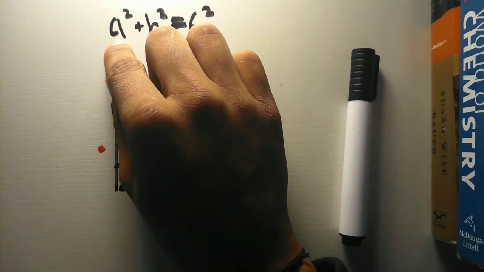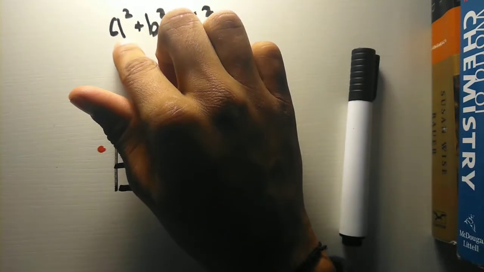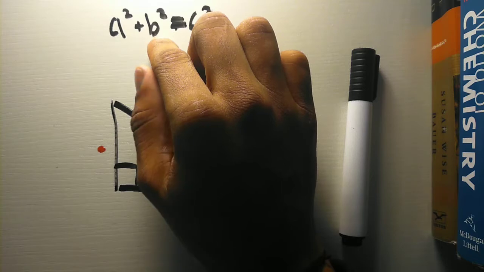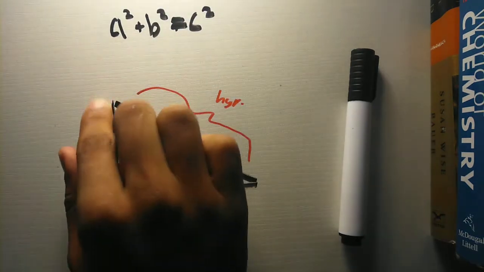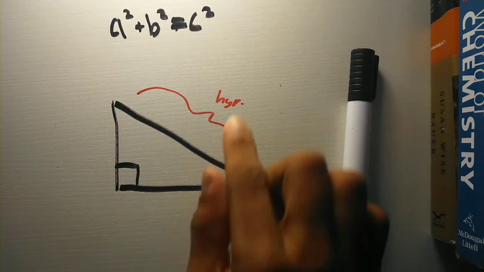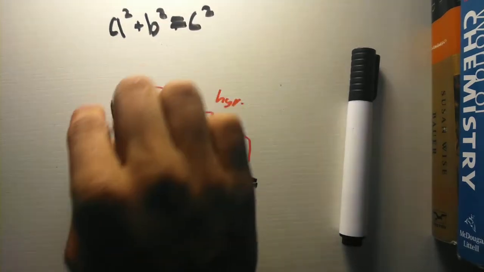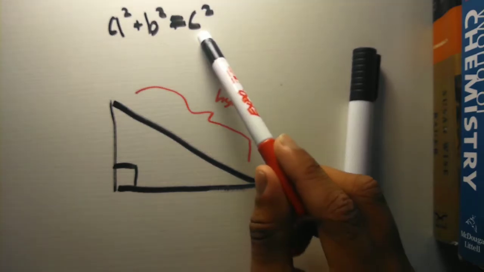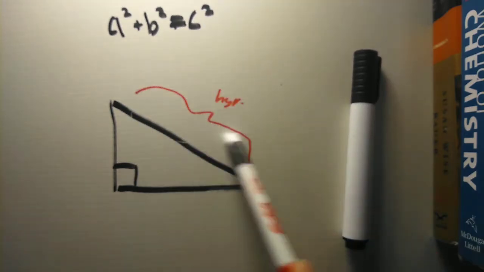We will fill in a and b as our legs, our shorter sides, the ones that are not the hypotenuse. So a and b are these two legs, and then c is our hypotenuse. That's this one over here.